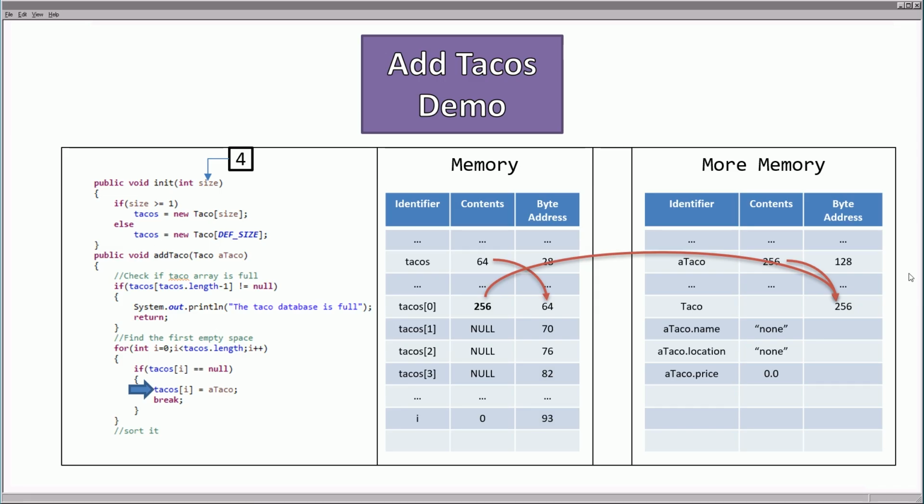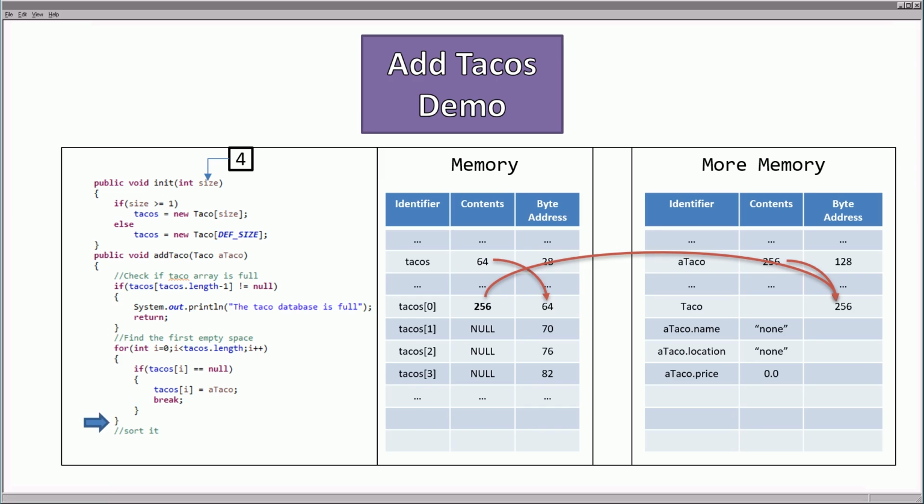And now you can see the parameter aTaco references the same object as tacos at index 0. This didn't make a copy of this taco, it's just referring to the same one in memory. Now we go to break and immediately halt the loop.